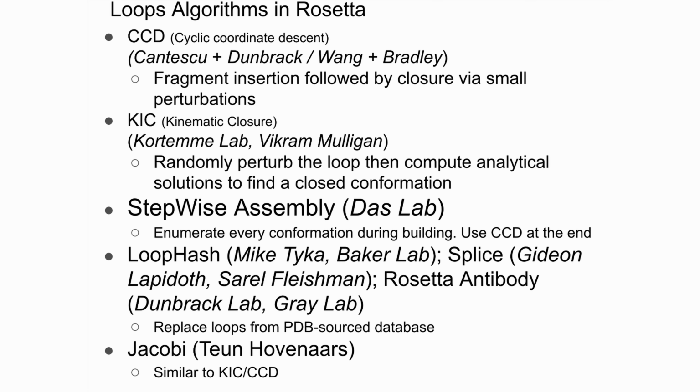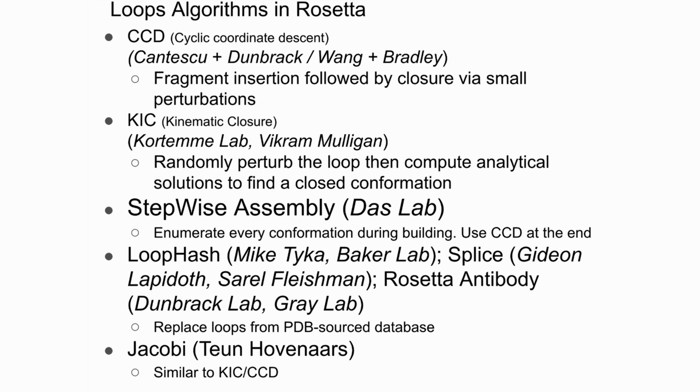The one we're going to be talking about today is cyclic coordinate descent, and that involves fragment insertion followed by closure via small perturbations, and we'll talk about that more in a sec. There's also kinematic closure, which involves randomly perturbing the loop and then computing solutions to find a closed conformation.